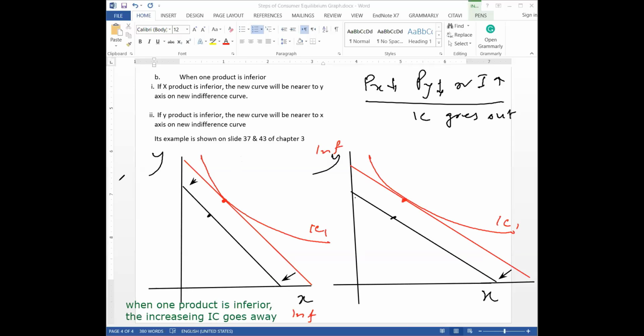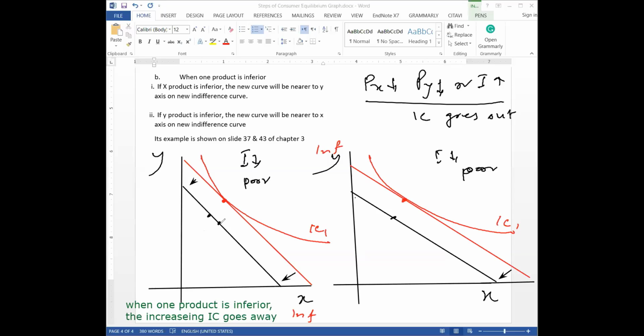But since X is inferior, and in this case income is decreasing, the customer is becoming poor. When he's becoming poor, he will go towards the inferior goods because they are cheaper. So when they are going out, it will go away. When they are coming in, it will go near.